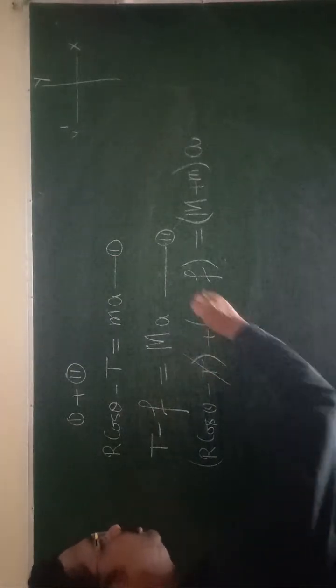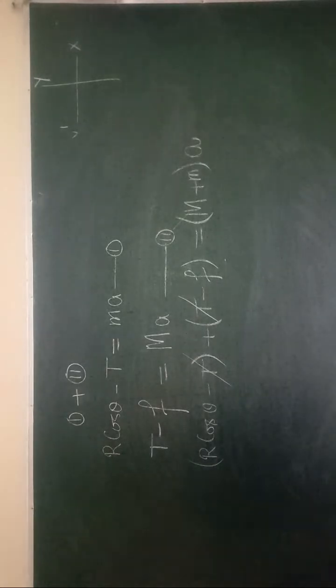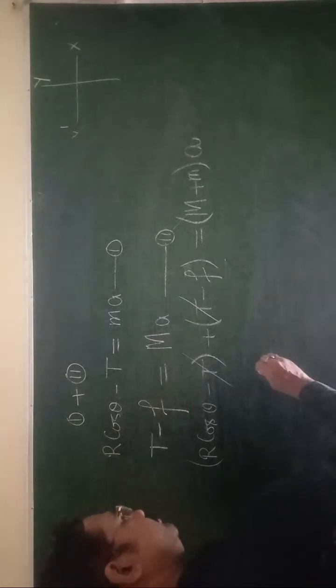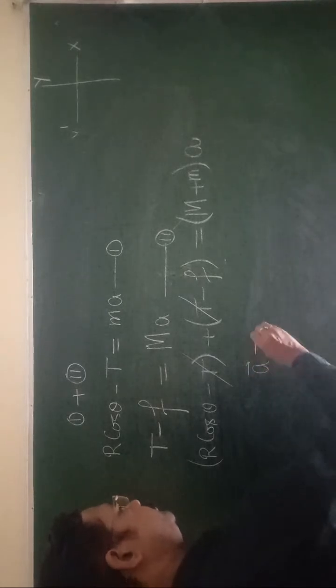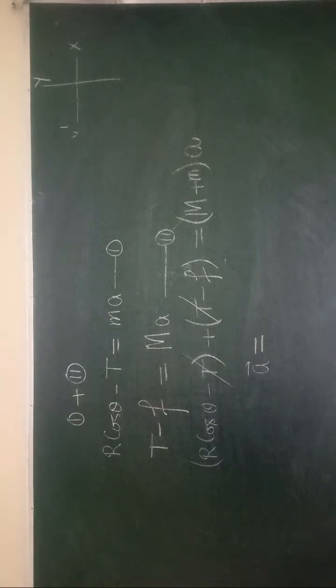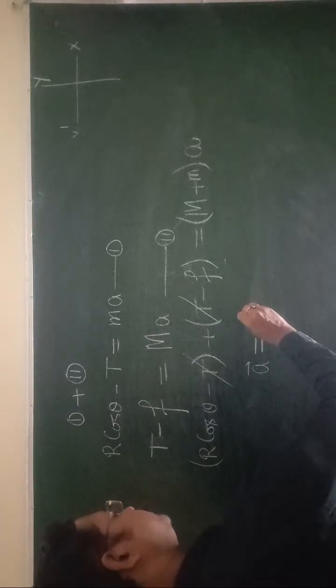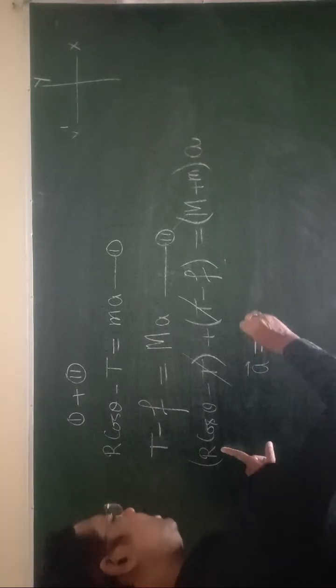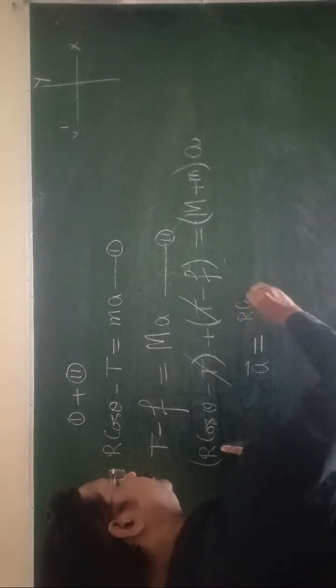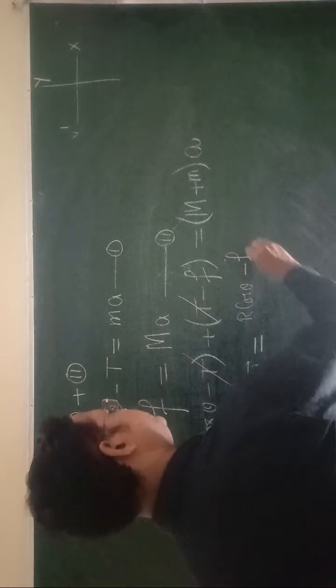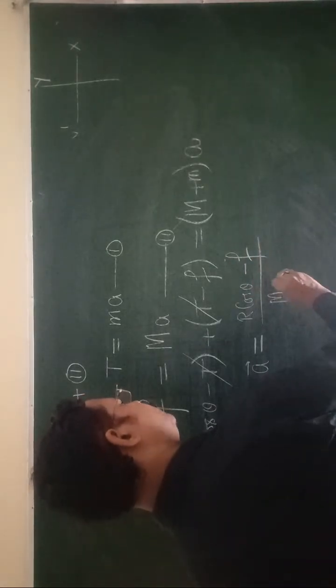So plus T minus T goes away. Acceleration is equal to R cos theta minus f upon total mass.